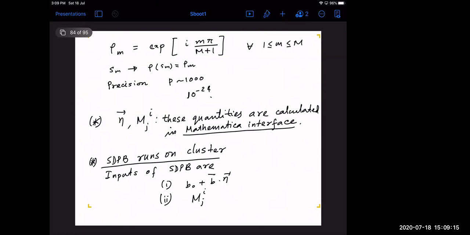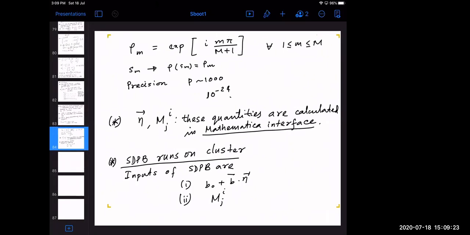The whole computation procedure happens this way. First, you calculate these quantities at the specific values of the grid, and the grid is defined. So the grid they used is this kind of distribution, and then after obtaining the values, you give them as input to SDPB to get the code running, and the optimization comes out of SDPB.